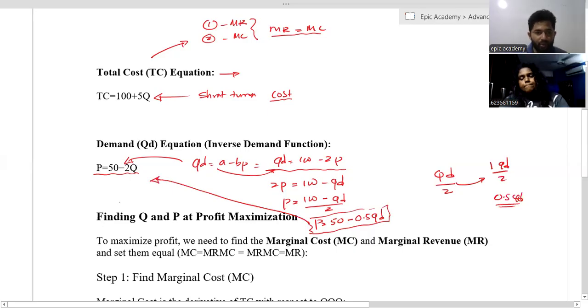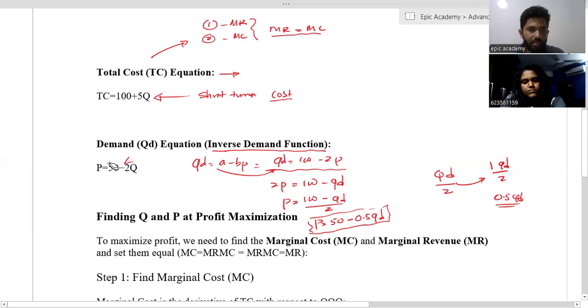So now you have to identify this is the inverse demand function. This is not the demand function. Inverse, the opposite side. So you have to identify that this entire equation represents the price, isn't it?